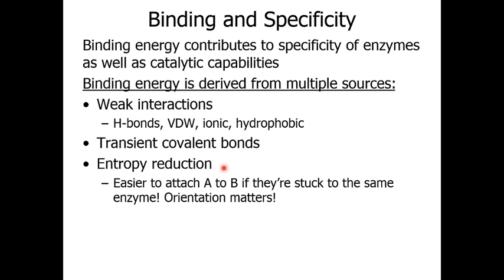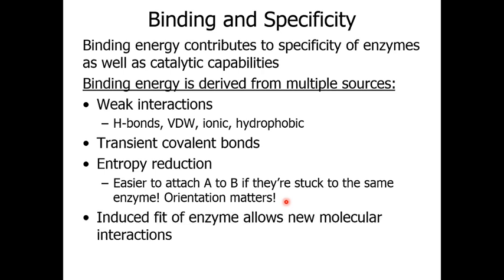We briefly talked about this in chapter 2. It's easier to attach A to B if they are held on the same enzyme, right? So orientation matters. Induced fit is another concept that will be introduced to you. Induced fit allows enzymes to have new molecular interactions.